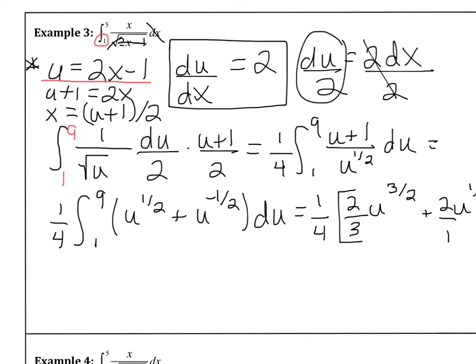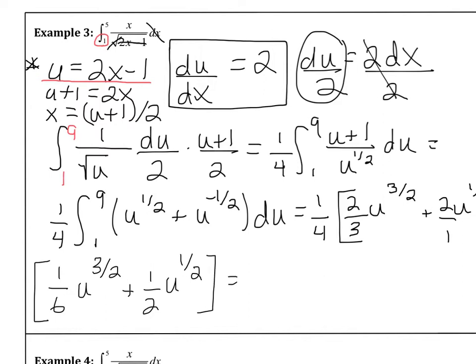So when we do that, 1/4 times 2/3 is going to be 1/6. And then u to the 3/2 plus 1/2 u to the 1/2. And that will be evaluated between 1 and 9, of course.